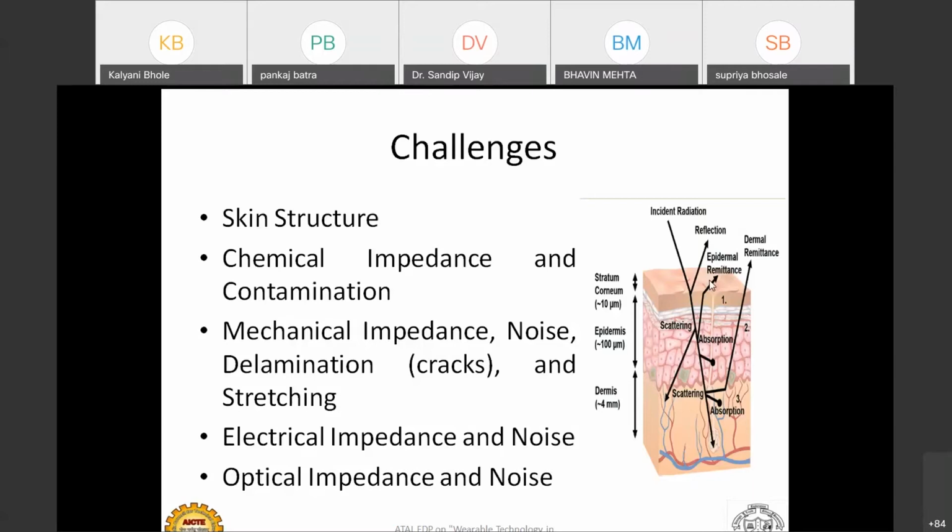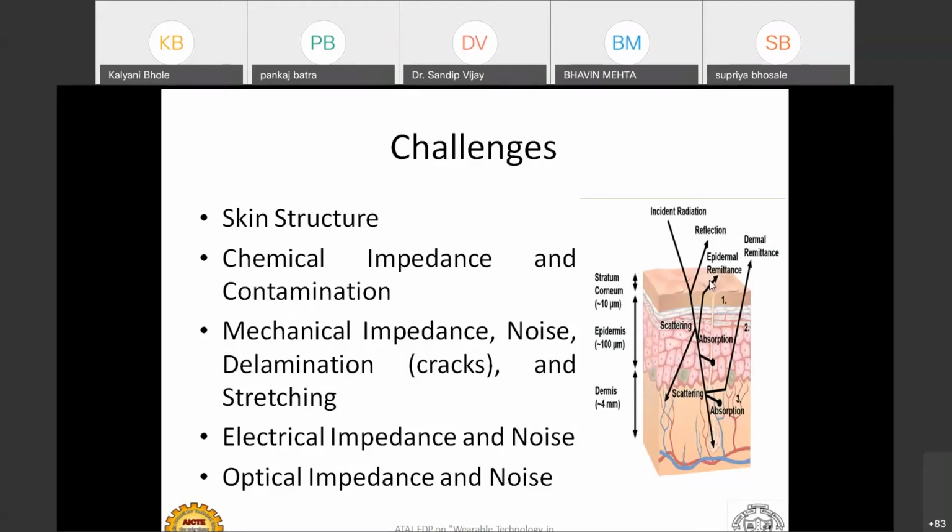In a typical way, if we want to collect the ECG, we apply the sensor on the skin surface. To match the impedance, a gel is used. A gel is nothing but a liquid. A kind of gel is used to match that impedance. Now, if we want to bring that technology into wearable sensors, we can't use that gel.